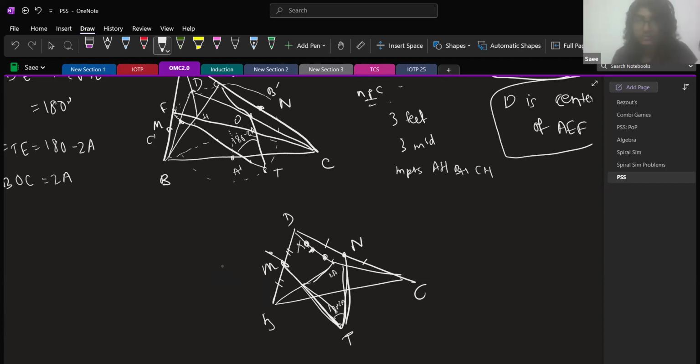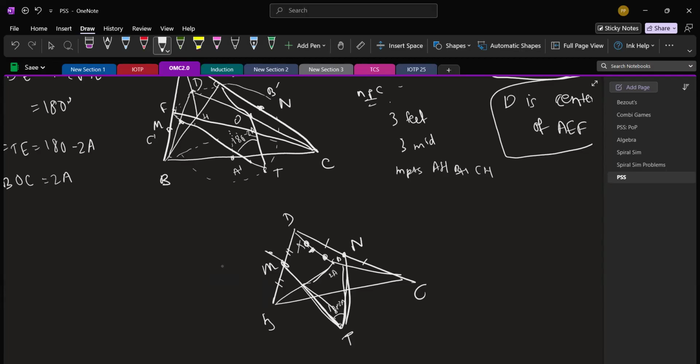It's not MDN, it's something between D and O. So if we have some point on DO, we want to show that point X is 2A.